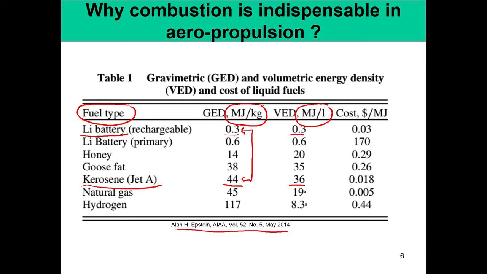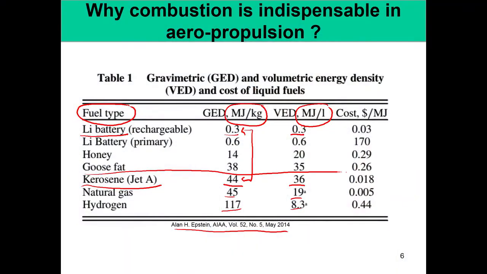Also, you see that natural gas has 45, but its volumetric energy density is less. Hydrogen has a very high gravimetric energy density, but its volumetric energy density is very, very low. So, as an engineer, if you are supposed to optimize in this table, given these kinds of fuel sources, no wonder we will come up on kerosene, and no wonder this has emerged as the fuel of choice in modern aero engines, right.